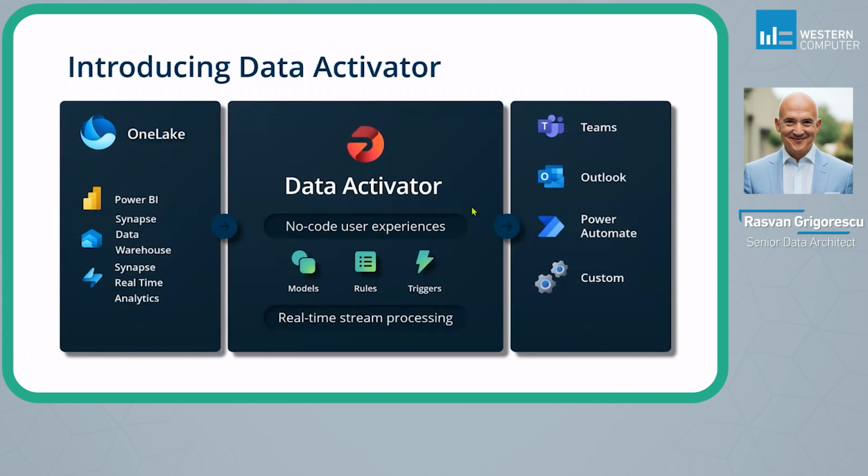What is new is Data Activator, and that is an alerting application that allows you to implement models and rules and triggers so that when certain patterns are detected or certain thresholds are exceeded, alerts are sent through Teams, through Outlook, workflows can be triggered through Power Automate, or custom actions can be taken to intervene directly in the health of those systems. The Data Activator is a new component of Fabric.